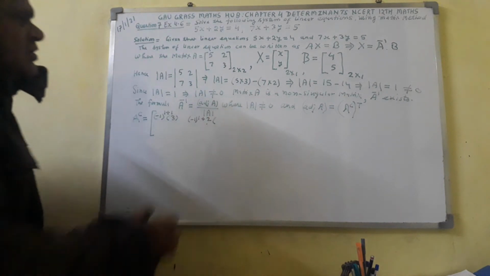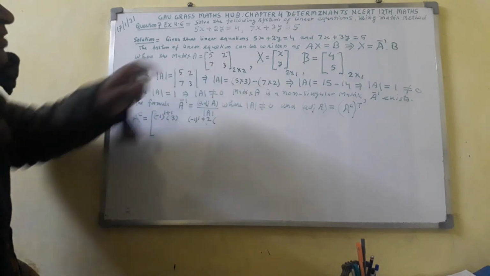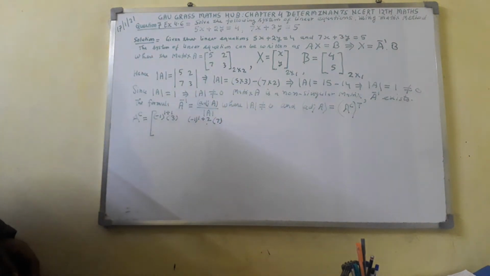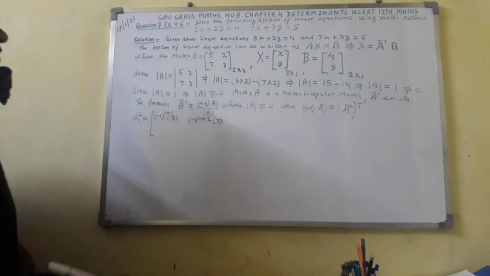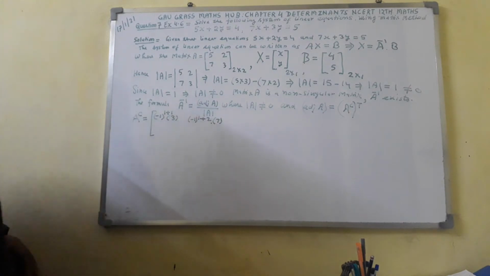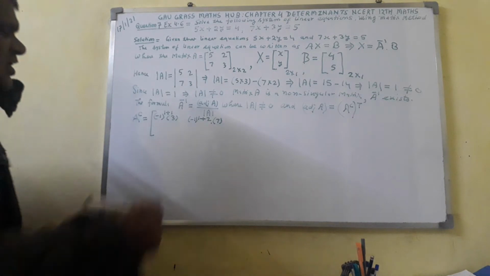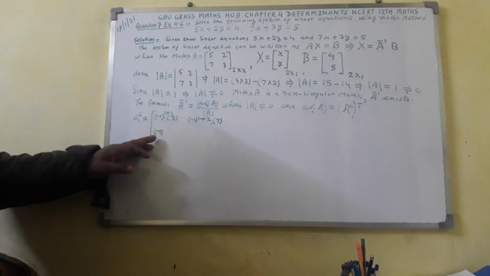The minor of 2 will be 7. So here write 7. And for this element here write -1 raised to the power.